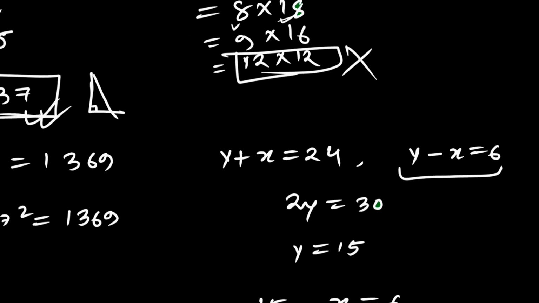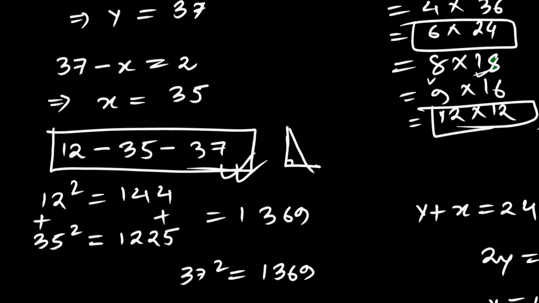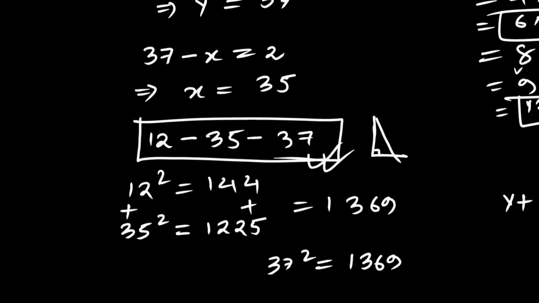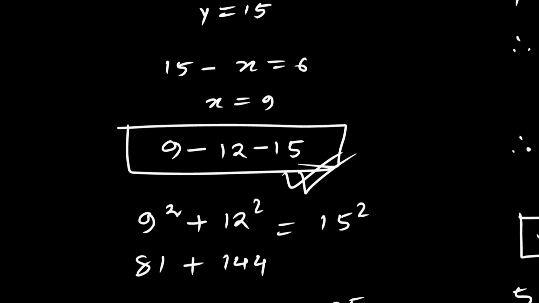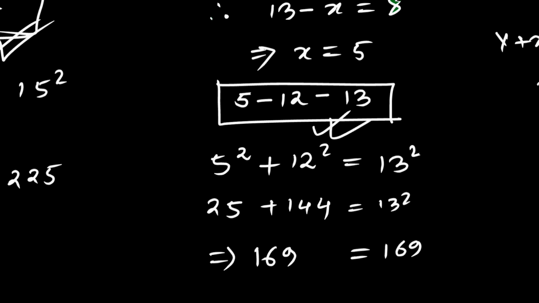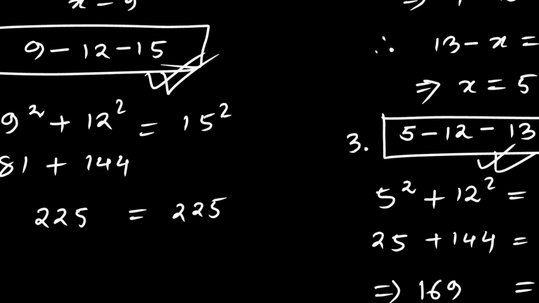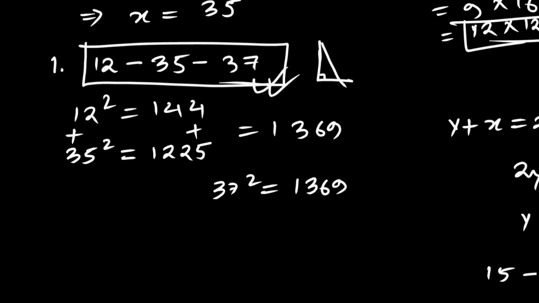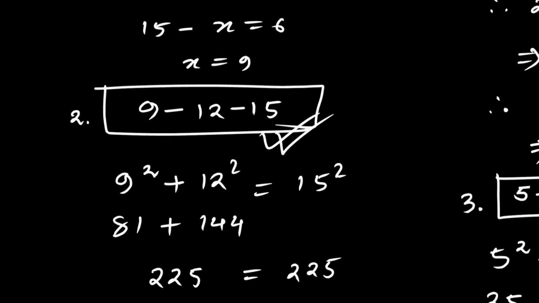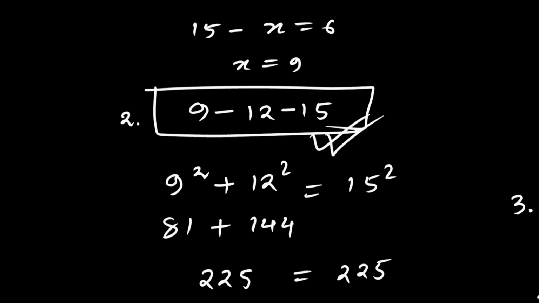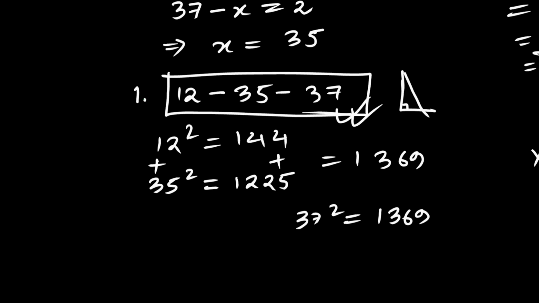Now pay attention to the important conclusion. We did not find one triangle. We found 3 different integer right triangles that all satisfy the given conditions. The first is 5, 12, 13. The second is 9, 12, 15. And the third is 12, 35, 37.